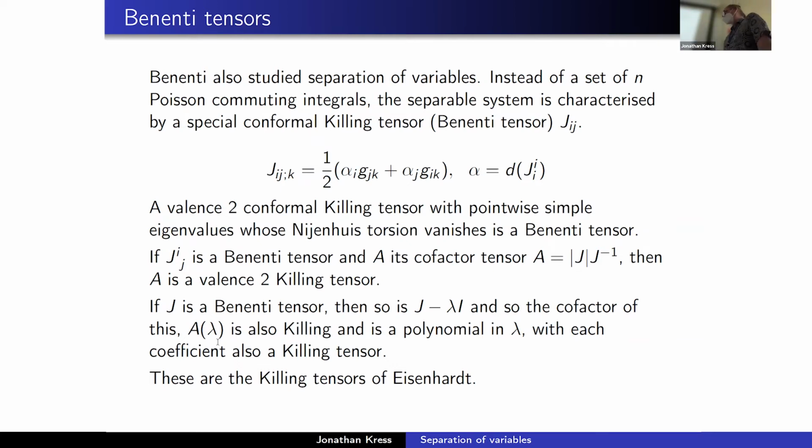So each of those coefficients in the cofactor is also a Killing tensor, and those Killing tensors are Eisenhardt's Killing tensors. So that's how you recover the n commuting integrals. Well, I haven't checked that they're commuting, but that's where they come from.